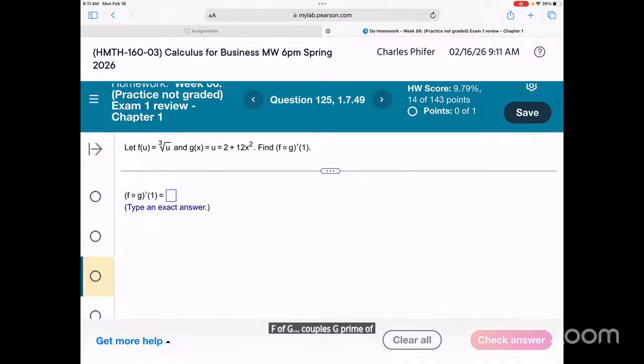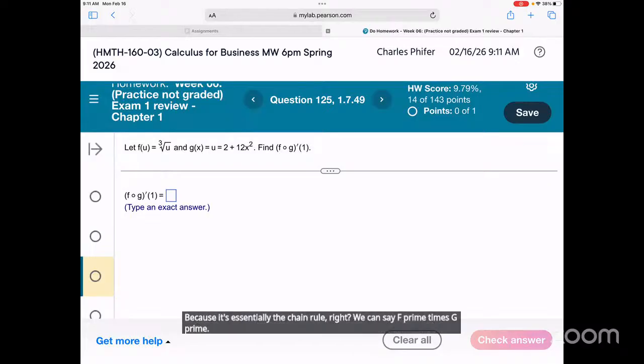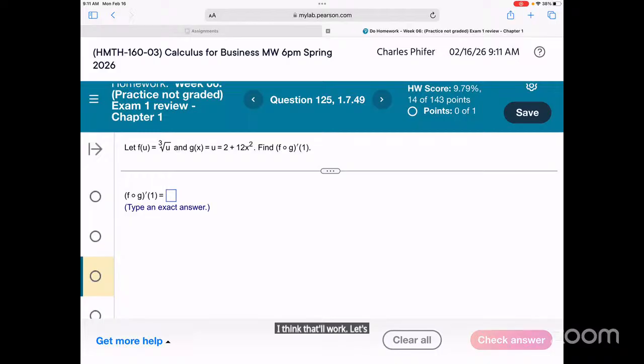Okay. So I think what we can do here is, let me think, because it's essentially the chain rule, right? We could say f prime times g prime. I think that'll work. Let's just do that and see what happens.